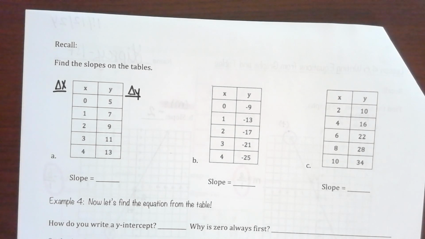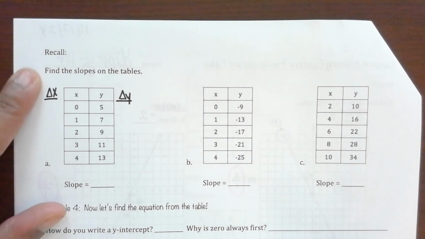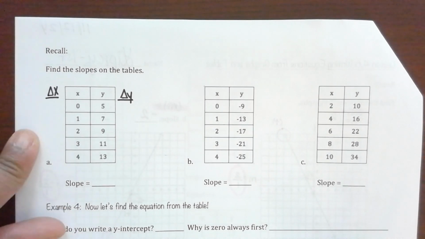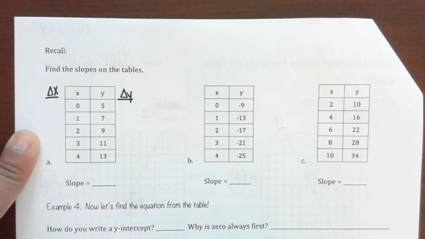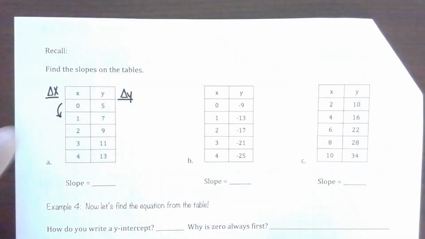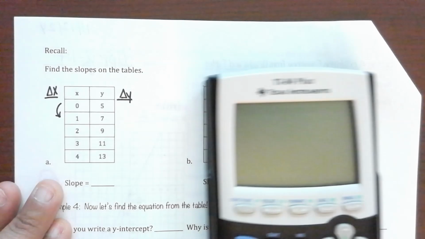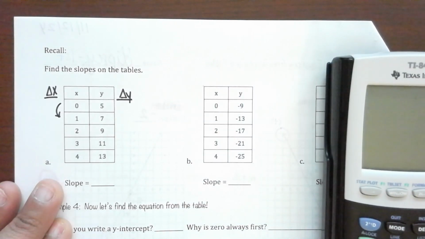Does that make sense? So, what number do I actually have to start off with in order to start my delta x side? 1 and 0. Thank you. You don't start with your first number, you start with your second number, and then I do what between them? I subtract.